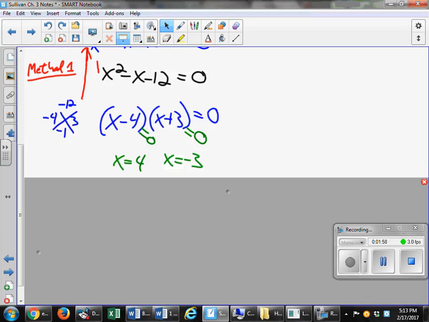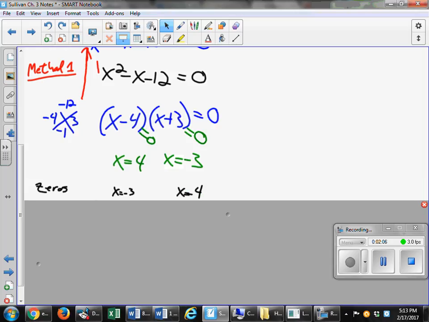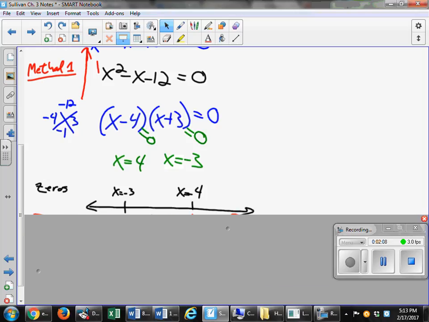Now, when we were in advanced algebra, we did a question a little bit like this. I want you to think about these things on a number line, okay? And we're going to put our zeros. It can be a generic number line, with zeros of the function at x equals negative 3 and x equals positive 4. It really doesn't matter where you put them.